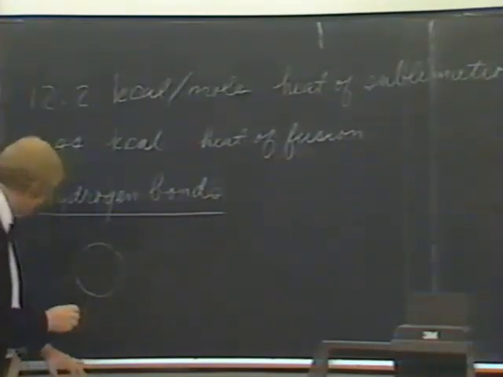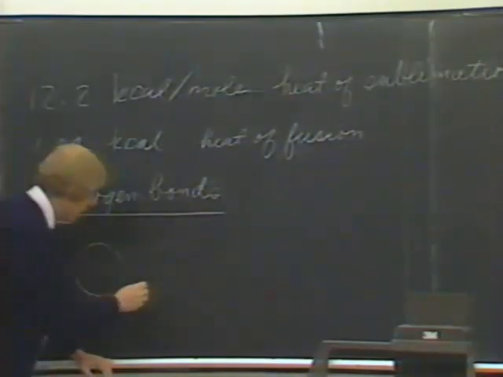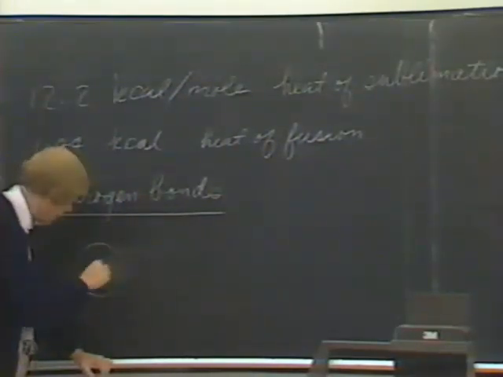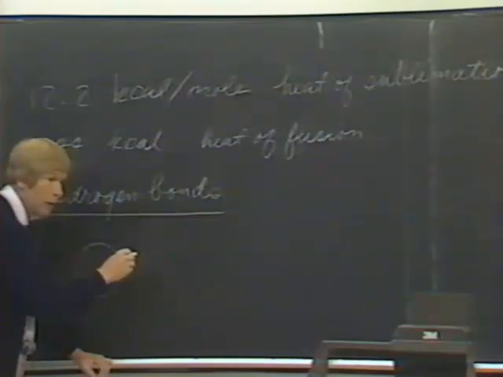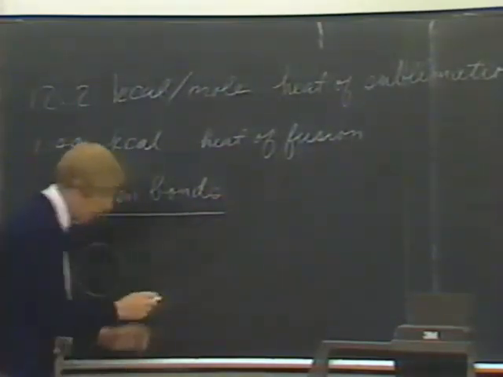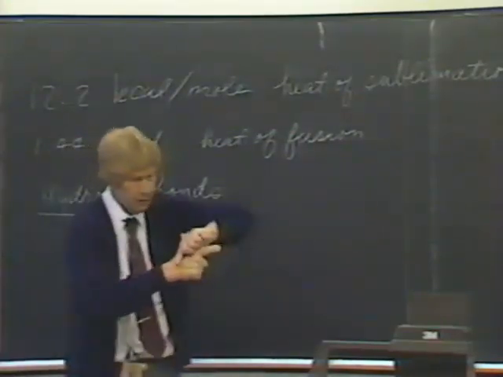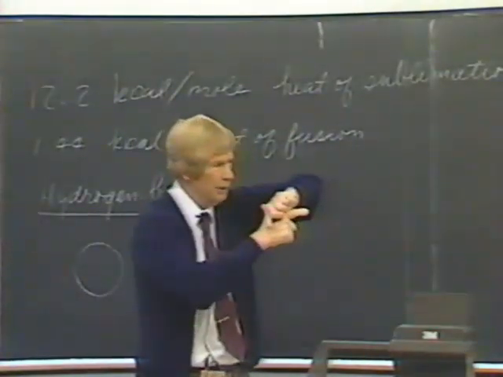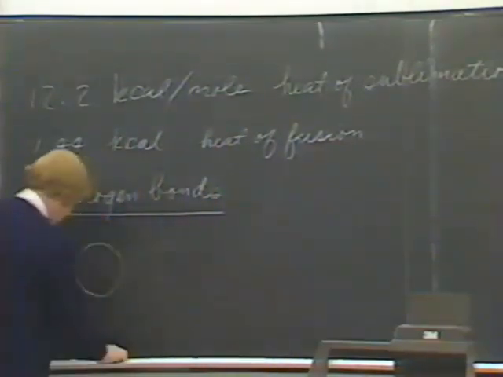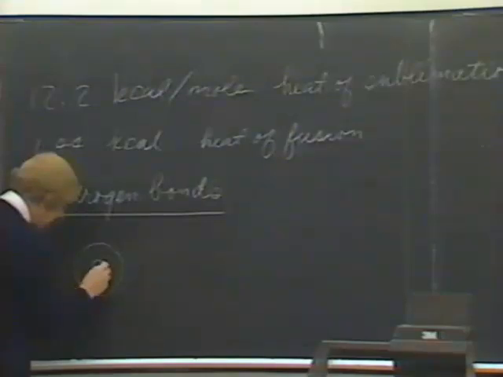S orbitals, remember, have roughly spherical paths, and the p orbitals have paths like this. And there are two of them that come out this way, so that these p orbitals, unpaired electrons, provide sites for covalent bonding.